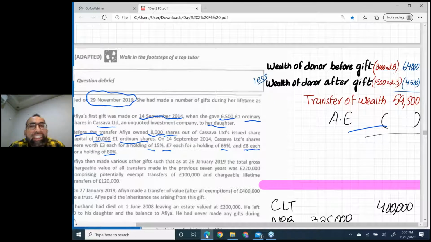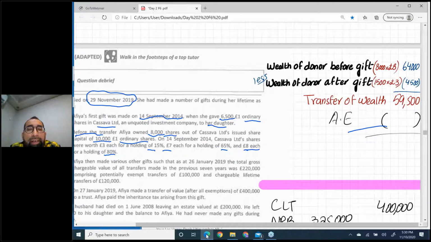For a 15% holding, the share price is £3 per share. So wealth of donor after gift is 1,500 multiplied by £3, which is 4,500. Now simply deduct: 64,000 minus 4,500 is 59,500.